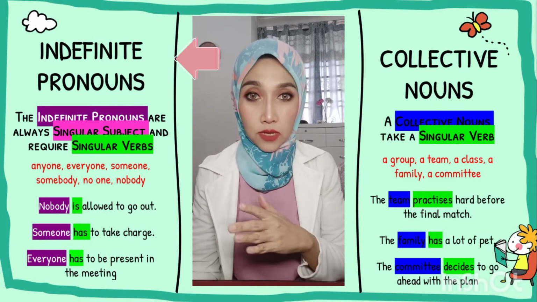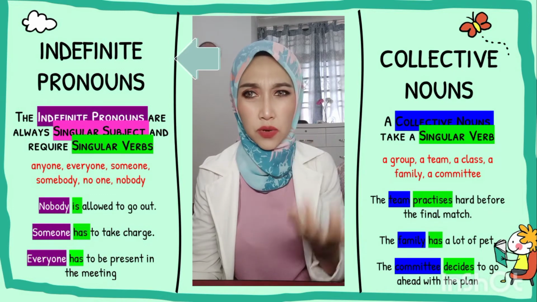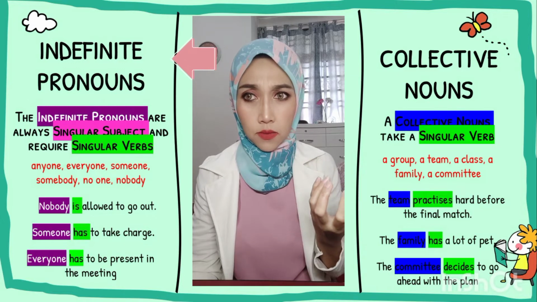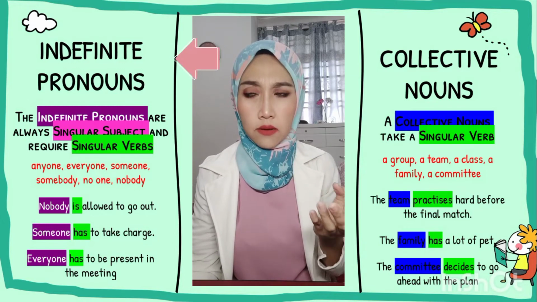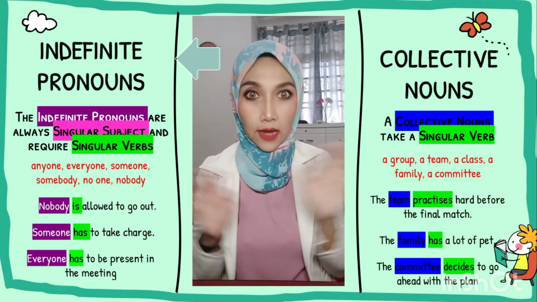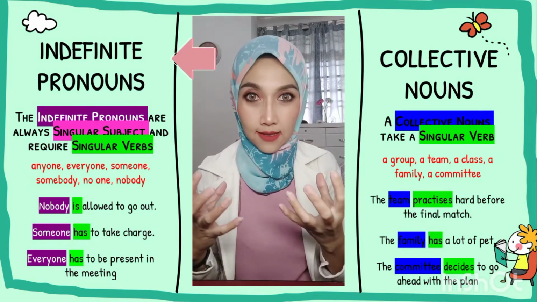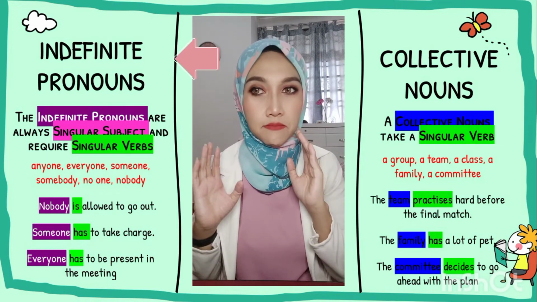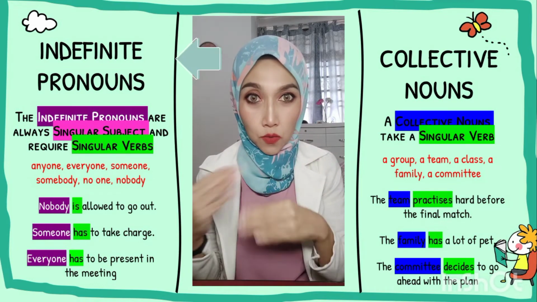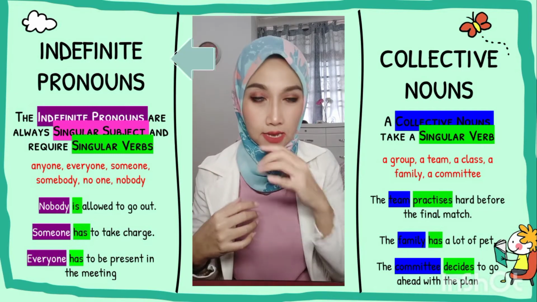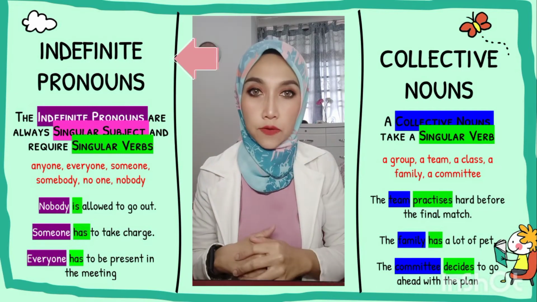So when you find this kind of word, you wonder, what should I use? Nak guna singular ke nak guna plural? Because nobody, everyone, ni ramai ke seorang? Okay, so you don't have to think about those things. You just understand and remember that indefinite pronouns, those words, somebody, everyone, someone, no one, will definitely take singular verbs.